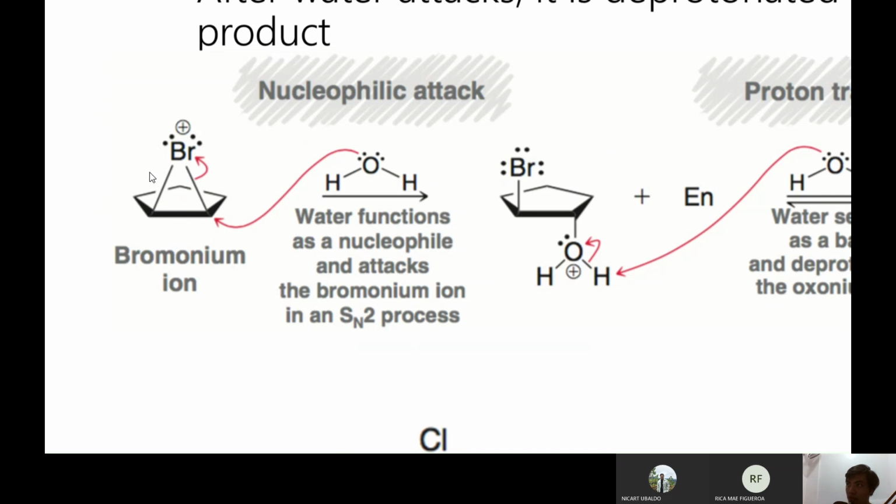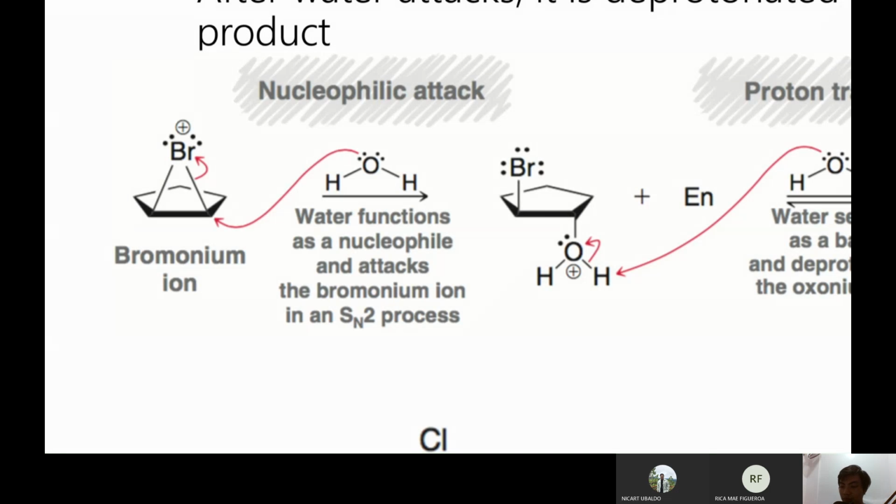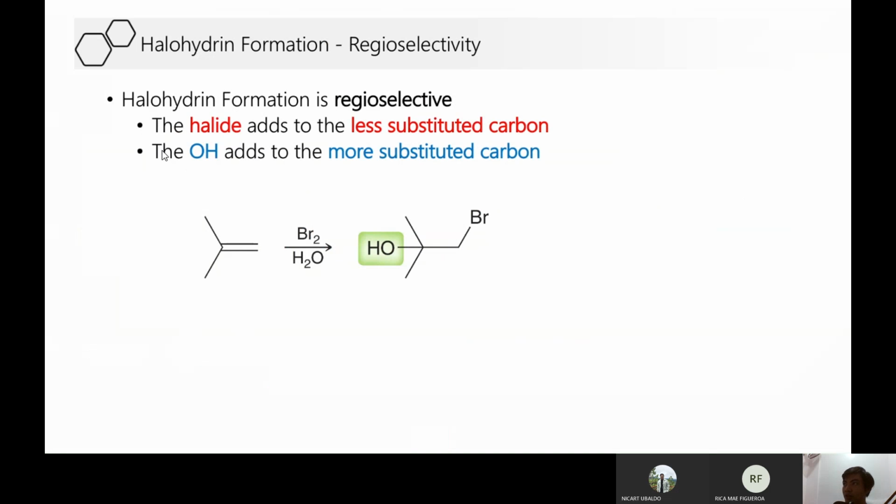So rather, it will choose the side na least substituted. So yung halide mo, mapupunta sa least substituted carbon because of the crowding. Isipin nyo na lang yung reason din kung bakit mayroong hydroboration oxidation. Then your OH, yung nucleophile mo, a-attack yan dito sa more substituted carbon. Parang hydroboration oxidation lang.